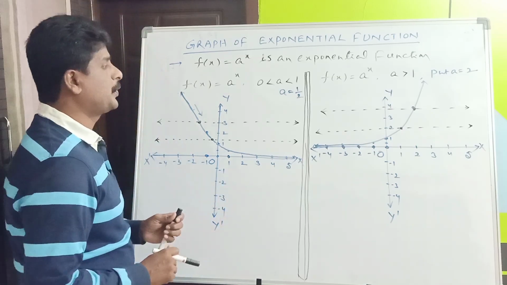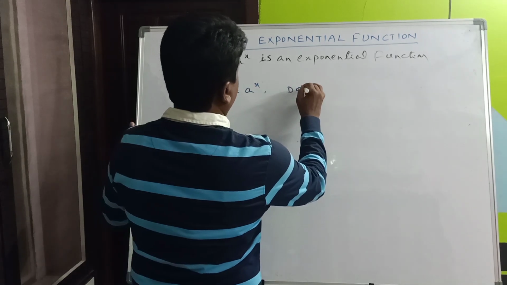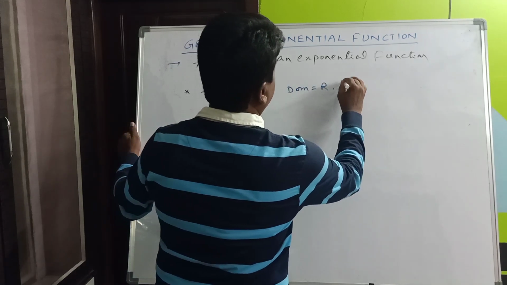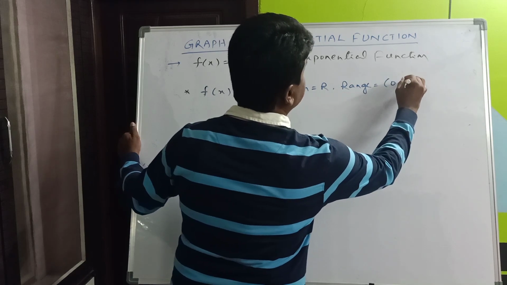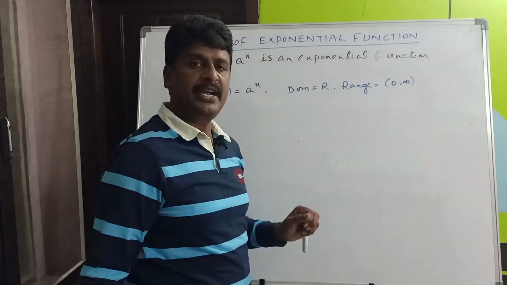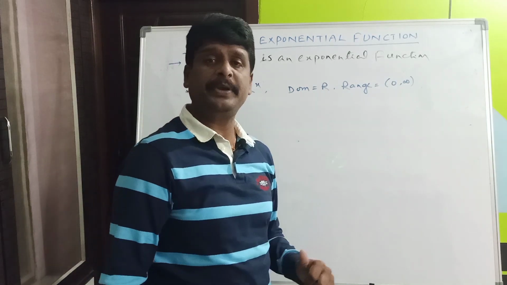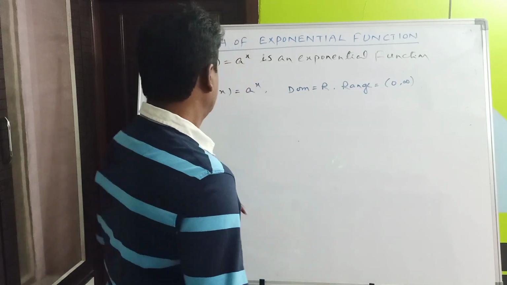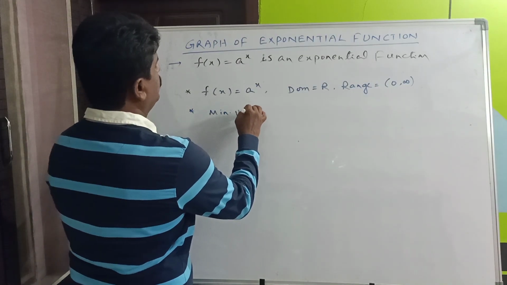Now you see, its properties. For f of x is equal to a power x, the domain is equal to R, and the range is equal to the open interval 0 comma infinity. Why not the closed interval 0 to infinity? It cannot be equal to 0 also. What is its minimum value?